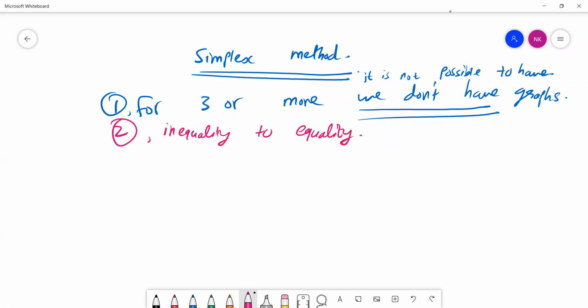We are directly converting inequality to equality. So this is not a correct mathematical approach.